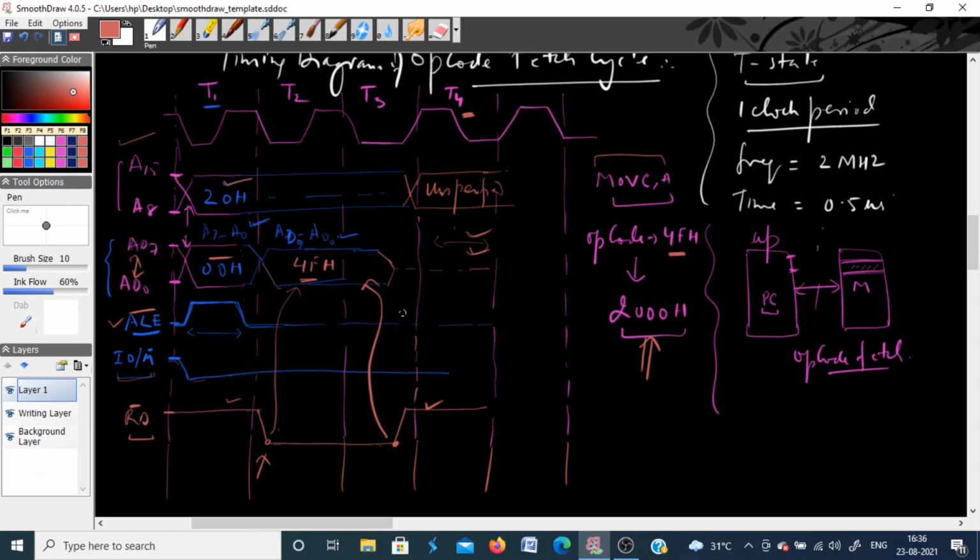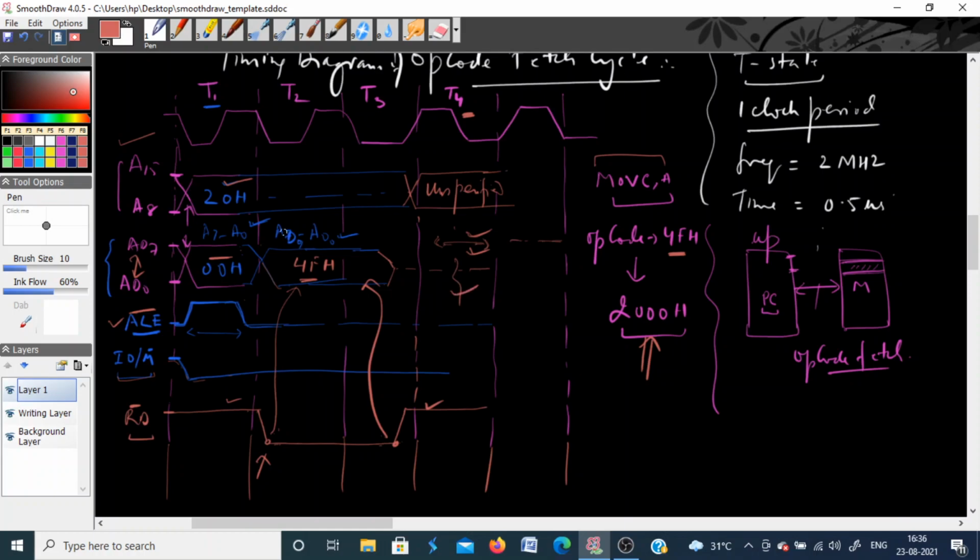If it is a 2-byte instruction, it may have to do one more operation after this. In that case, the processor in the T4 state, the 4th clock period, will just understand the meaning of the opcode. But if it is a 1-byte instruction that has to be executed using opcode fetch only, all of that will be done in the T4 state.